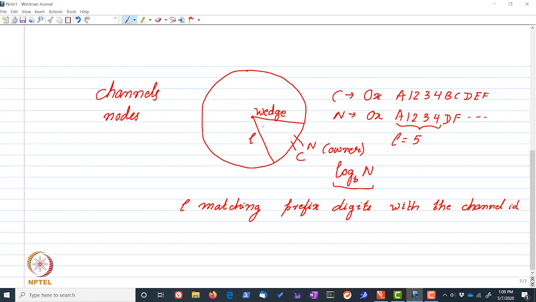How do we do this? By reducing the polling level such that we have a wide wedge over here. And the magic of Corona comes right here, that all the nodes within this wedge poll for the channel. So what is the magic of Corona?